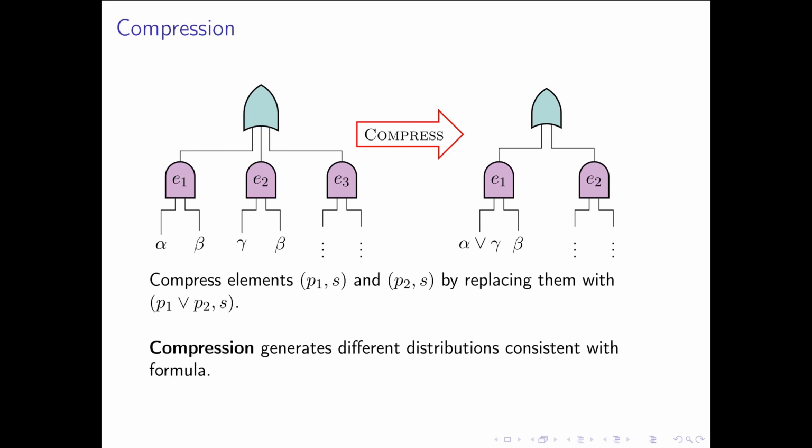So compression basically takes two elements with the same sub and replaces them with a single element where the sub remains the same, and the prime is a disjunction over the original primes. And compression is interesting because we are able to generate different distributions while we maintain the consistency of the formula. And so we can sample different probability distributions by generating different compressed circuits.